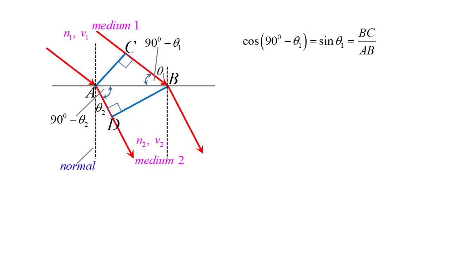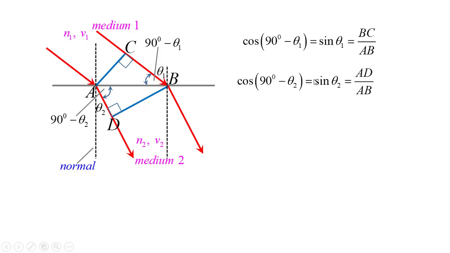And now cosine of 90 minus theta 1 is simply sine of theta 1 if you expand cosine. So cosine of 90 minus theta 1 is adjacent, which is this BC, divided by the hypotenuse, which is AB. Similarly, cosine of 90 minus theta 2, that is for this one, is adjacent, divided by hypotenuse, which is AD divided by AB.